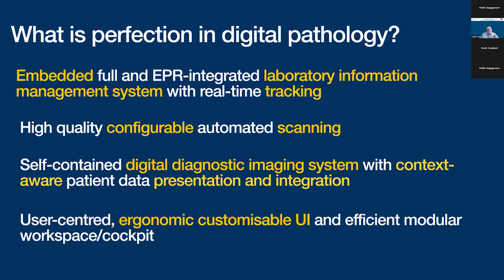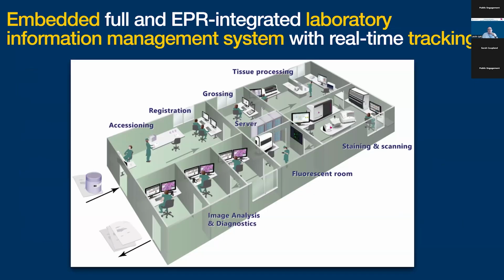And you will have to have a user-centric, ergonomic, customizable UI with an efficient and modular workspace, as we like to call it colloquially, the digital pathologist cockpit. Quite a lot of information to unpack on this slide. We will go into it a little bit more later.